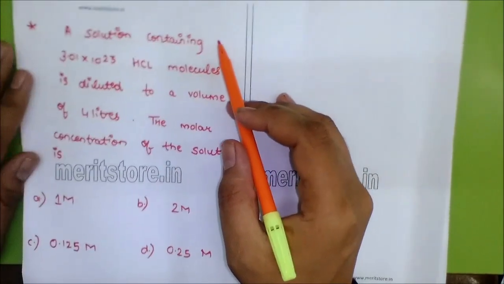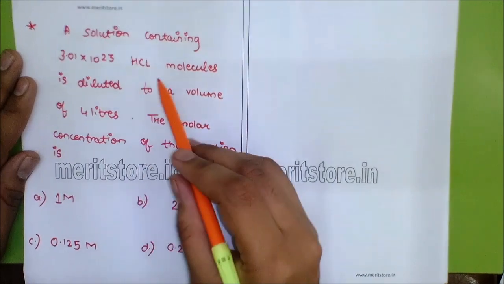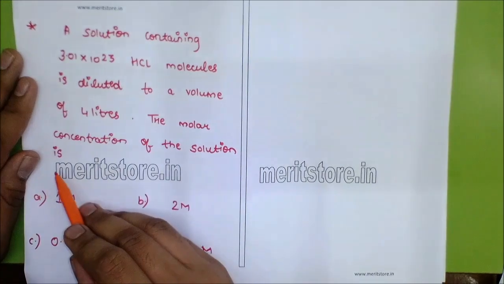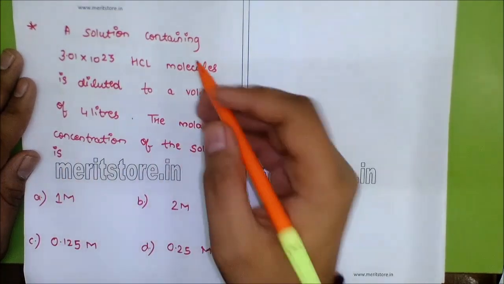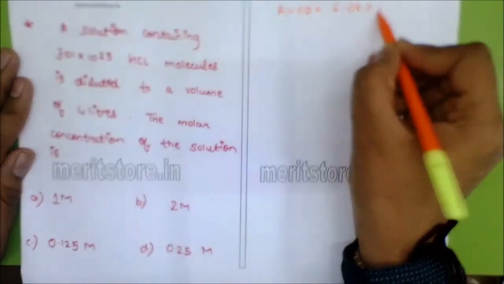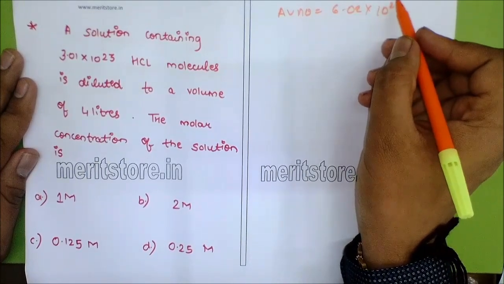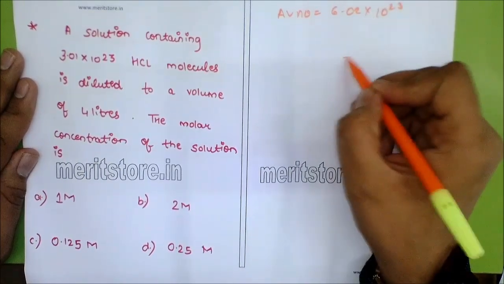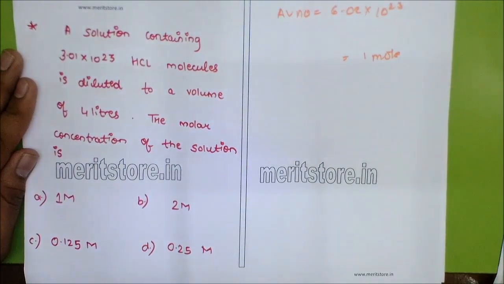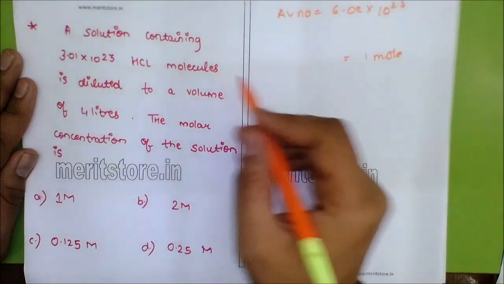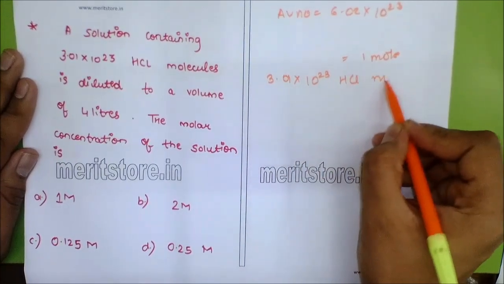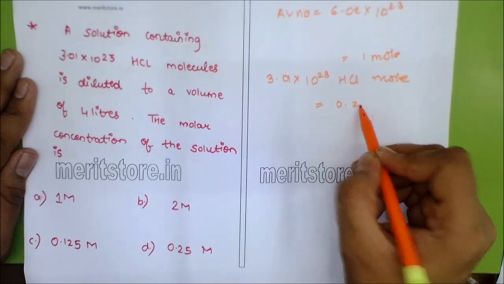A solution containing 3.01 into 10 raised to 23 HCl molecules is diluted to a volume of 4 liters. The molar concentration of the solution is. Now to solve this question, we know Avogadro's number is equal to 6.02 into 10 raised to 23. So we can say 6.023 into 10 raised to 23 HCl molecules is equal to 1 mole of HCl. 3.01 into 10 raised to 23 HCl molecules is equal to 0.5 moles of HCl.